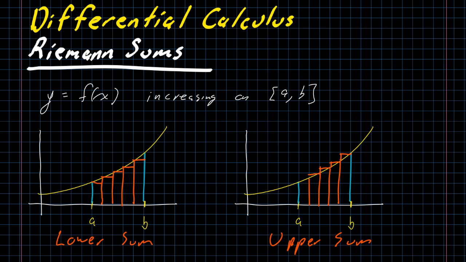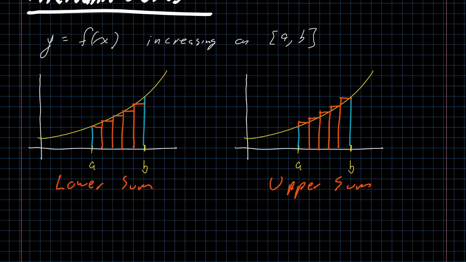So that's why in this context, instead of seeing the words lower sum and upper sum, sometimes you will see these described as the left sum and the right sum. But the ideas are going to work the same as they did before.